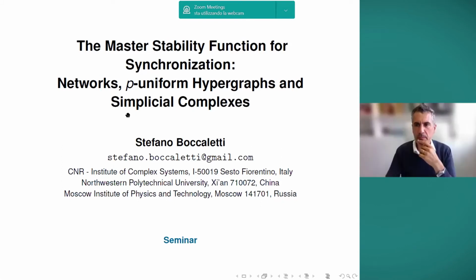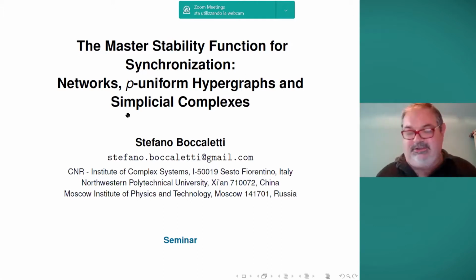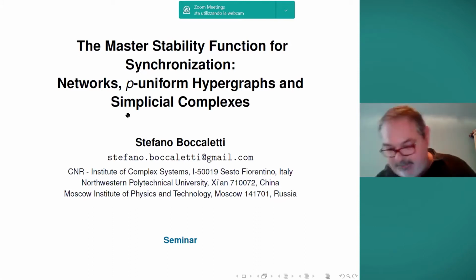Yes. So I will go ahead, and today I want to concentrate, because many other talks before already introduced the idea of higher order interactions in a network, the idea of hyperedges, simplicial complexes, and so forth.